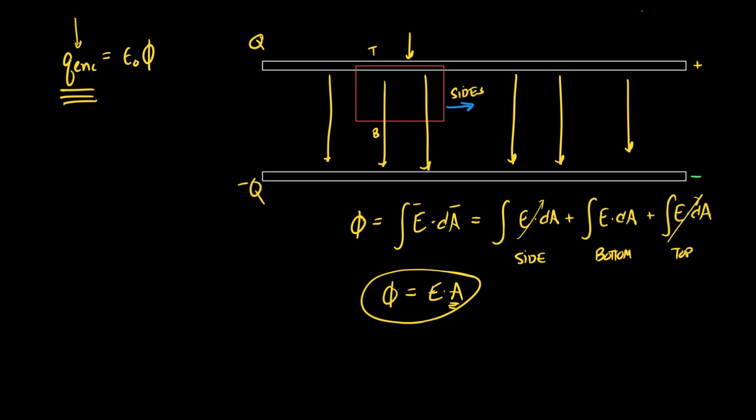That's the only place where we have any electric flux. There are electric field lines passing through the bottom of that cylinder, and we're saying that the A here stands for the area of the bottom of the cylinder, not the area of the plate. So I'm saying this because we probably need to start differentiating the area of the cylinder and the area of the plate. They are different, and we were probably going to need to use that.